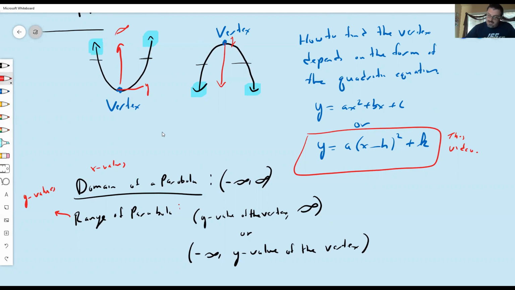And again, the situation here, the y value to infinity, is an open up situation. This one here is an open down. Okay.